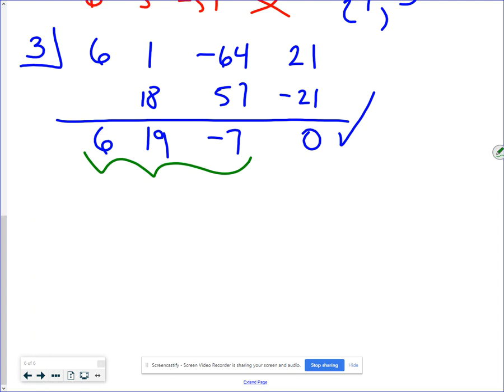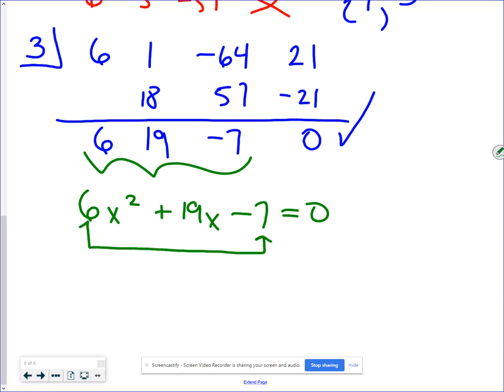So here's what we got now. 6x squared plus 19x minus 7 is equal to 0. So we got it into a form that we can solve now. We can try to do it by factoring. I don't know if it factors or not, but we can try. It might actually factor. Let's see. 6 times negative 7 is negative 42.